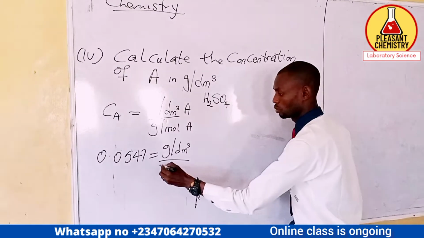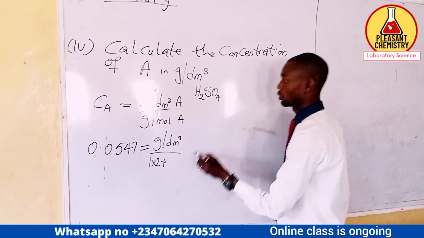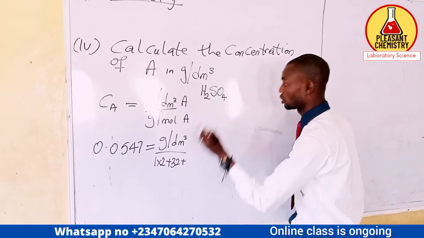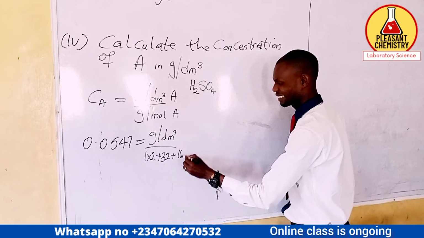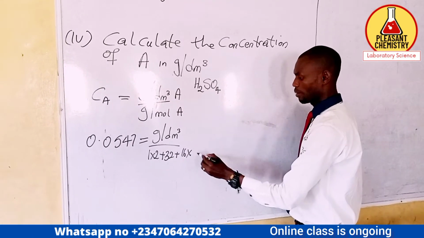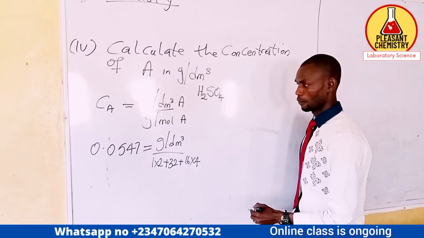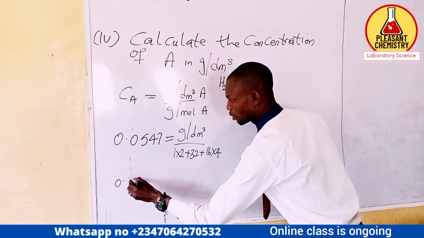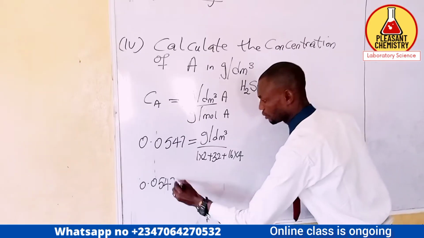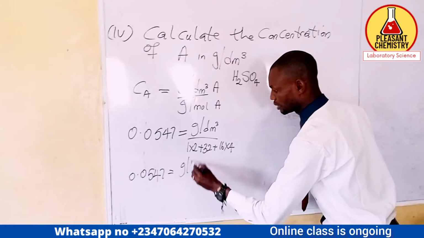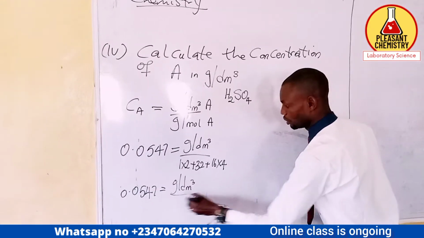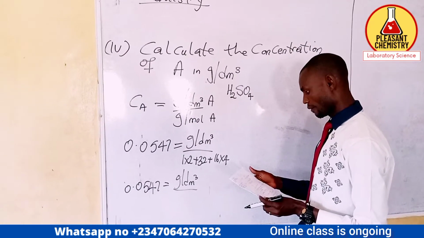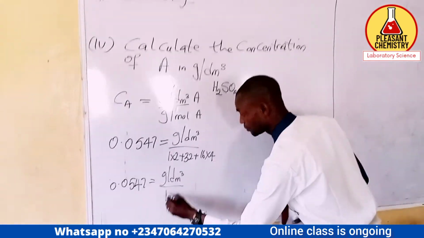We have 2. 1 multiplied by 2 plus our sulfur, it is 32, plus our oxygen, 3, multiplied by 4. Okay, so 0.0547 is equal to gram per dm cube. If we do the calculation here very well, supposed to have 98.